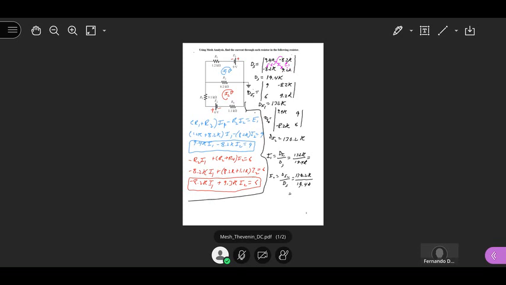So 1.2, 1.3. This is going to be 9.4 times I1 minus 8.2. 9. Okay, that's good. Now the determinant of the system is very small for some reason.